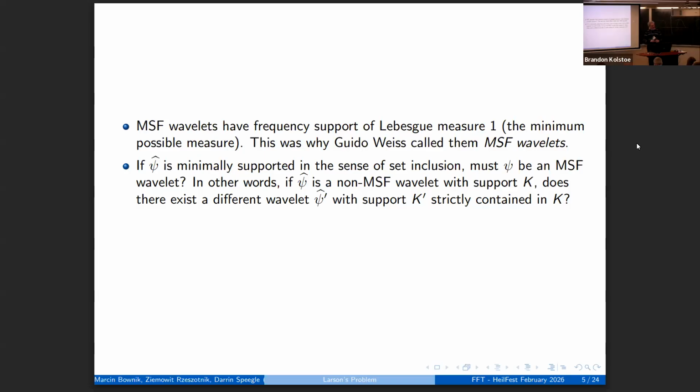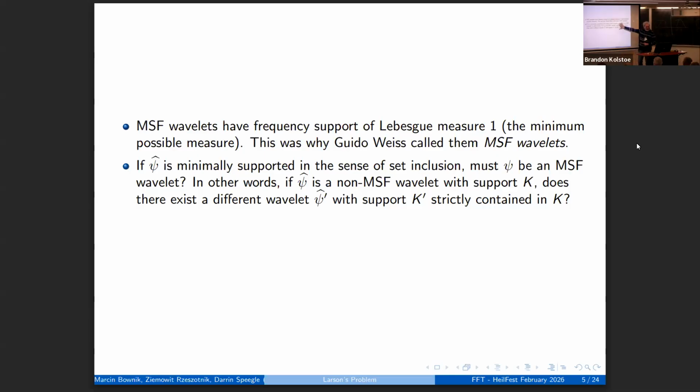Minimally supported to me means if you take something that's not an MSF wavelet, you can find a different wavelet that has smaller support. So in set inclusion, minimally supported in terms of set inclusion, which is a different thing. And if I remember correctly, Guido and Dave went back and forth for a bit before they finally understood one another.